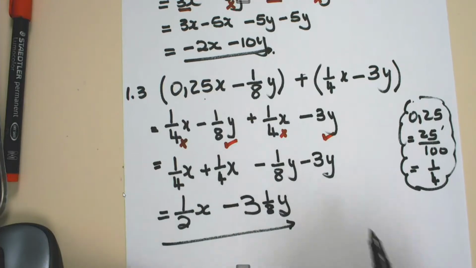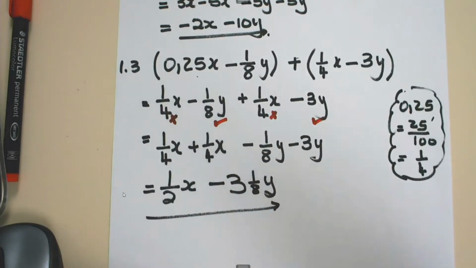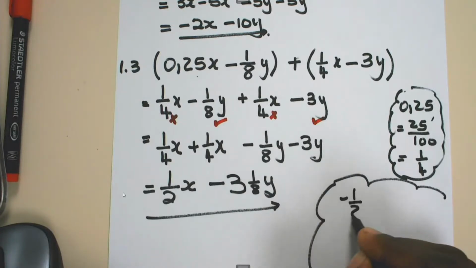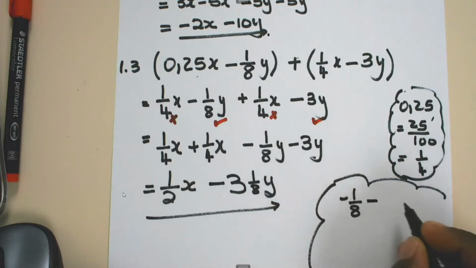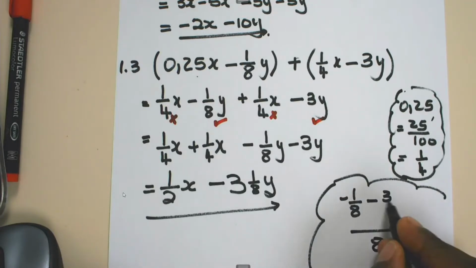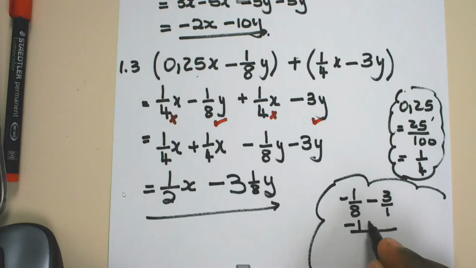Sometimes when you add these fractions, you can use the lowest common denominator, whereby you identify the lowest common denominator for negative 1 over 8 as well as 3. It is going to be 8. And then we say 8 divided by 8 is 1. 1 multiplied by negative 1 is negative 1. 8 divided by 1 is 8, and 8 multiplied by 3 is going to be 24.